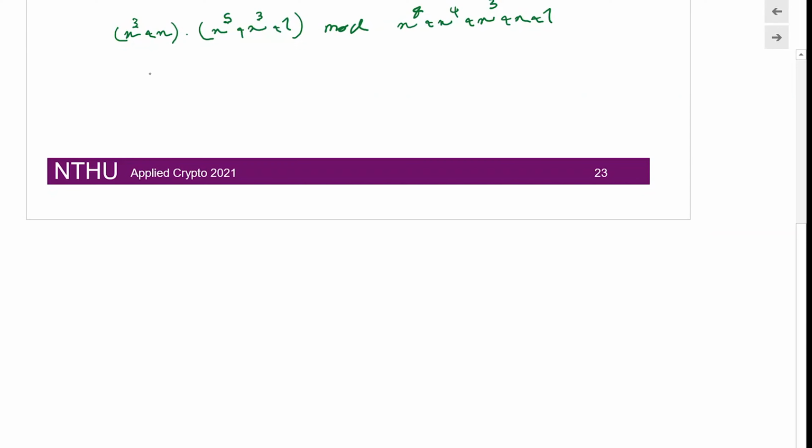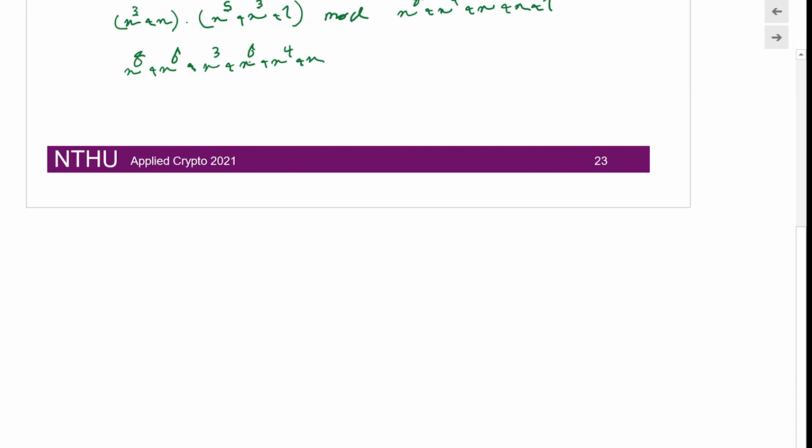Let's multiply them together. The first one, I get x8 plus x6 plus x3, right? x3 multiplied to x5, x3 multiplied to x3, and then x3 multiplied to 1. And then the second one, we would have plus x6 plus x4 plus x, right?